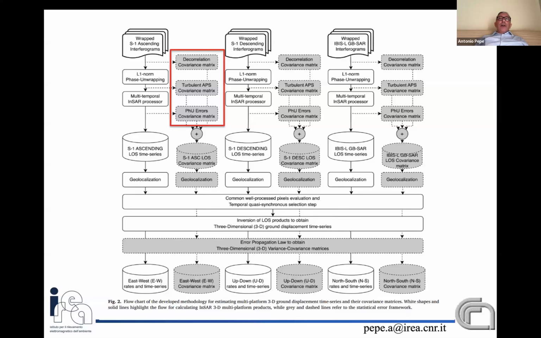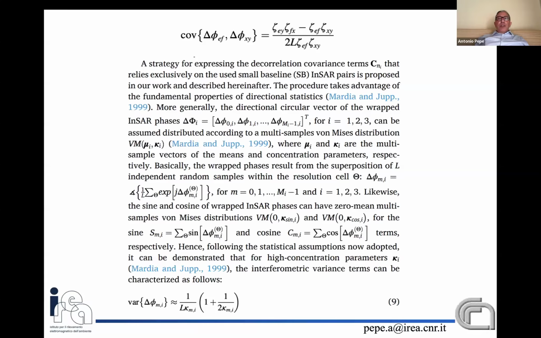Then we have sources of noise related to phase unwrapping errors. We developed, with my colleagues, a method to quantify these different sources of noise and figure out, in this general case, the precision of the reconstructed 3D ground displacement time series.